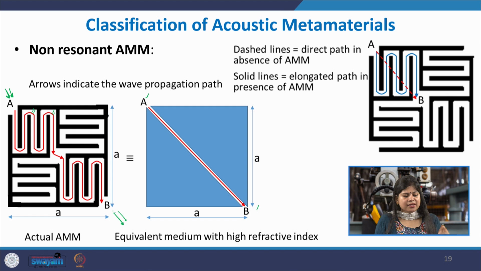Now it is interacting more with the solid material of this unit cell. At each of the turns there will be refraction, scattering and diffraction happening. So, there will be some losses at each of the turns when the sound wave is turning due to diffractions and scatterings. And at the same time, because the sound wave is travelling, there is an inherent air resistance.